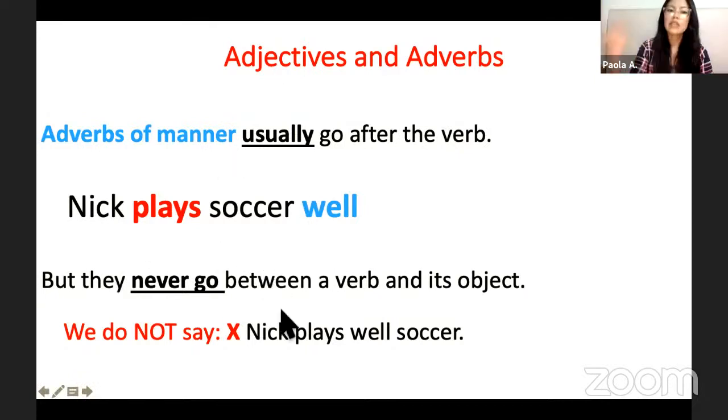Because you're connecting and maybe you're describing more things about this. But this is the simple use of adverbs, right? Usually it goes after the verb, usually, not always. Like I mentioned, it's not a rule, no? But never between the verb and the object that is receiving the action, never.